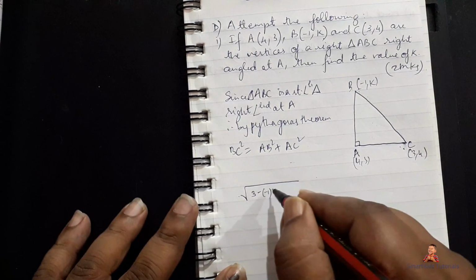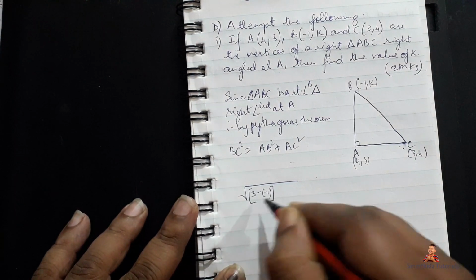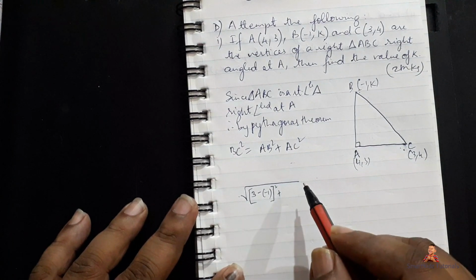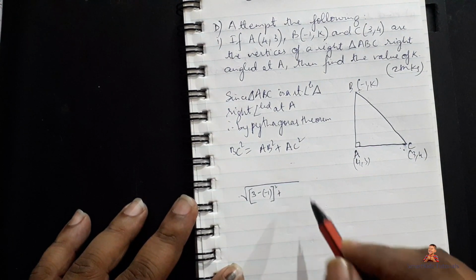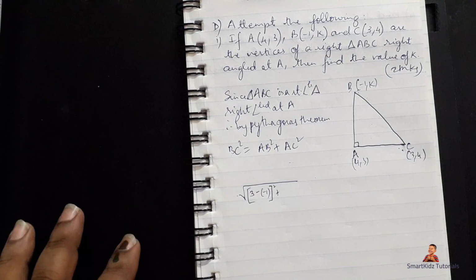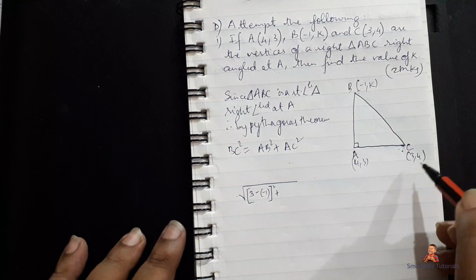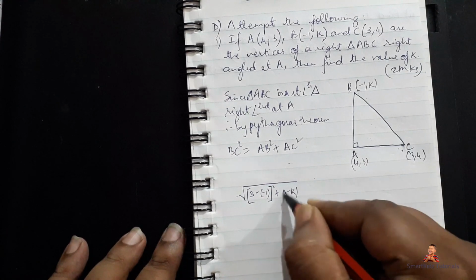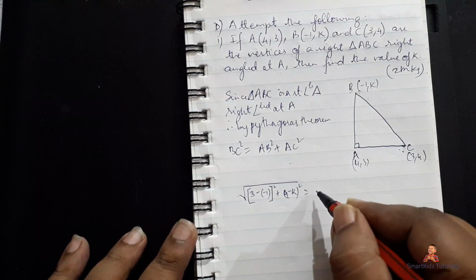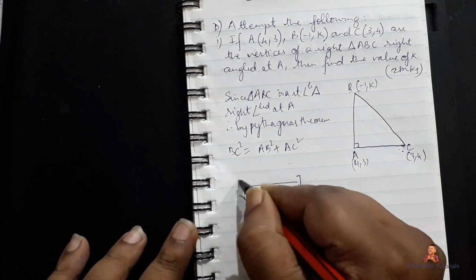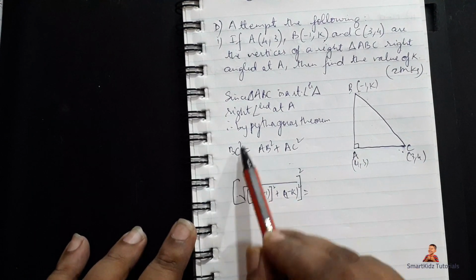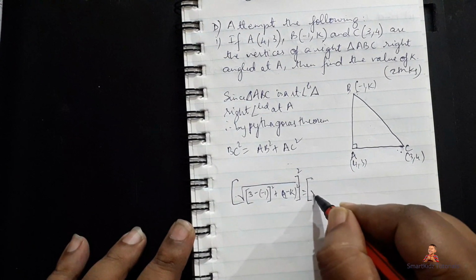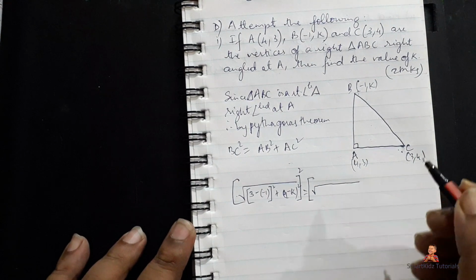So this is x2 minus x1 whole square, plus y2 minus y1, that is 4 minus k whole square, and this whole thing would be under square because it is BC square.